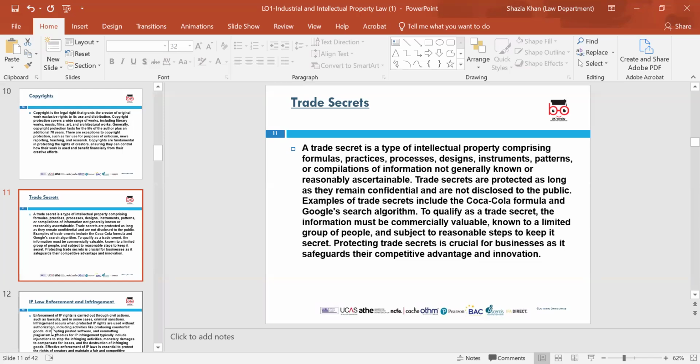It could be a formula, like the formula to Coca-Cola, which is the example on here as well. The taste of Coca-Cola is a trade secret. Trade secrets involve confidential information.